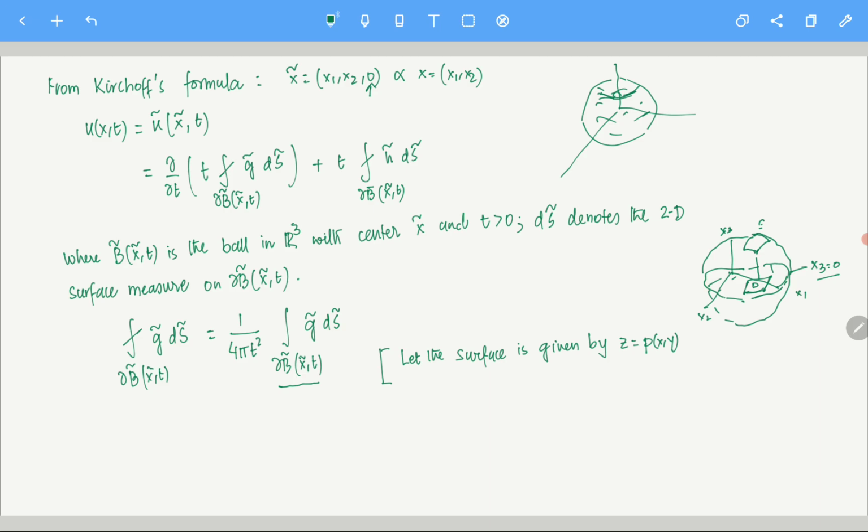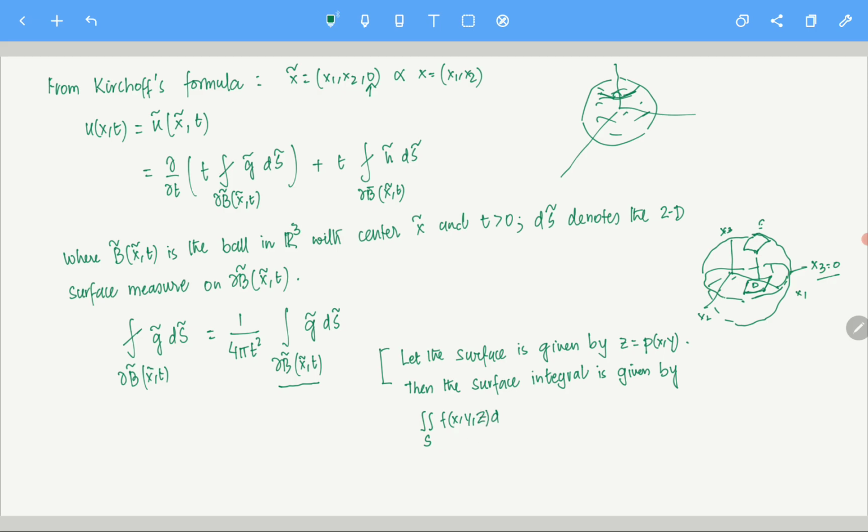Then, if the surface is given by the graph of p, the surface integral of some function f is the double integral over S of f of x y z dS.